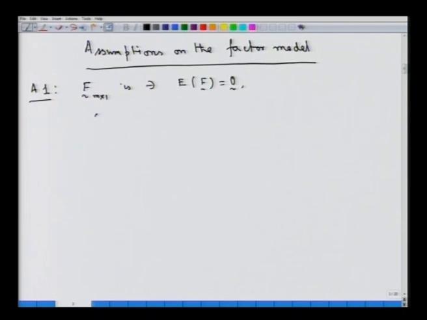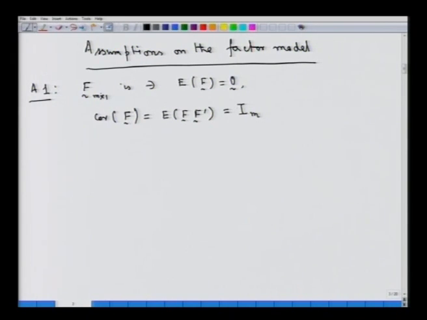We also assume that the covariance matrix of this f vector, which, since the expectation of f vector is a null vector, is equal to the expectation of f f transpose, is equal to an identity matrix of order m. Thus, we have these unobservable random variables satisfying this condition: they are not only independent, they are uncorrelated random variables, and they have identical variances.